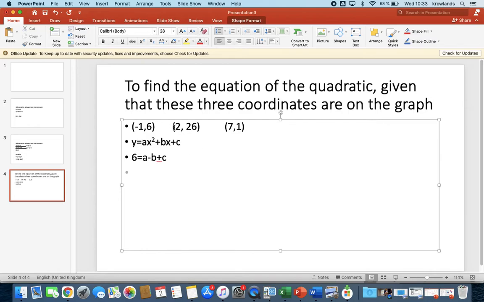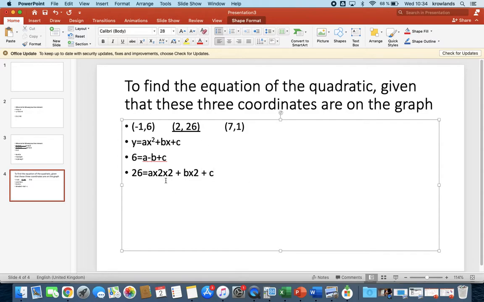Our second equation is going to be substituting in this one here. Where we have y, we replace this with 26. Then we have a times x squared, which is 2 times 2, plus b times x, and x is obviously 2, and then finally plus c.